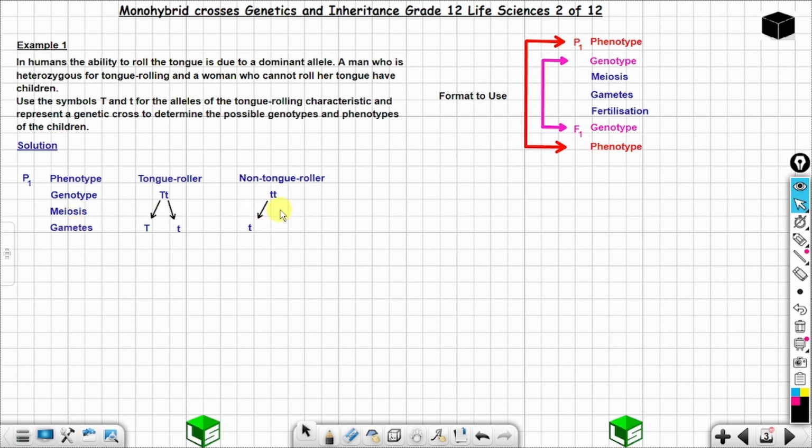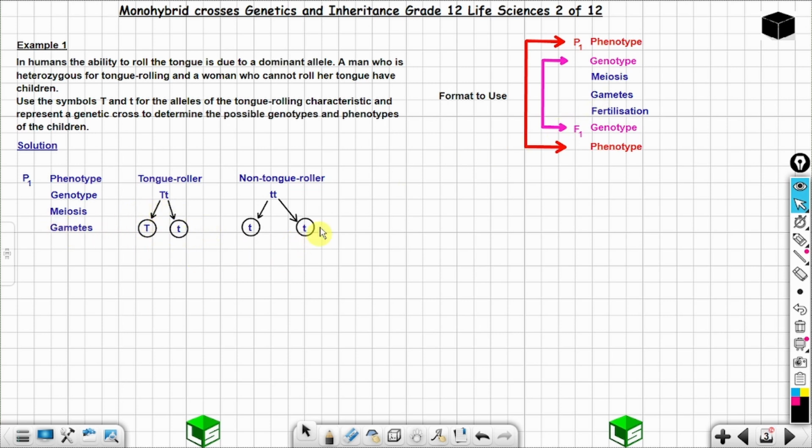Okay, they have to separate. So you are going to write them apart. You can draw circles around them so that you can show that they are separated. You can do this if you want. Okay, so these are gametes.